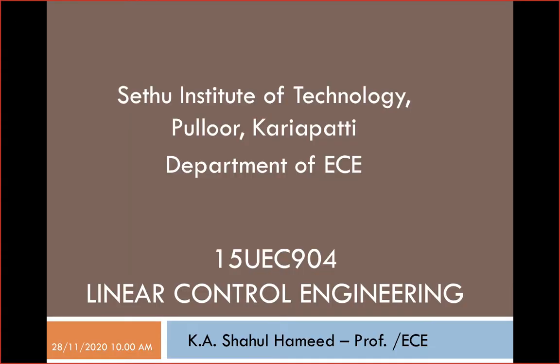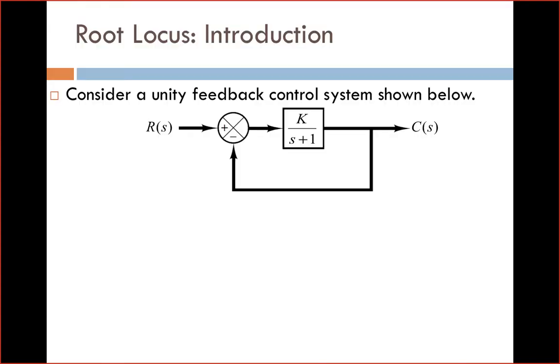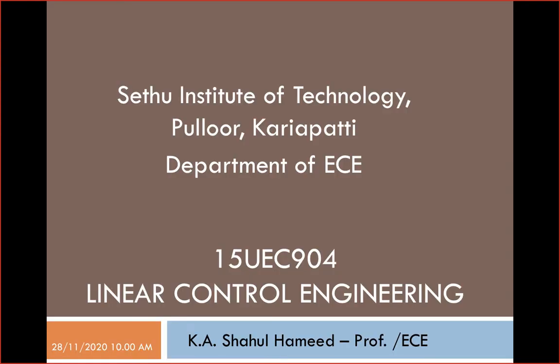So we are discussing fourth unit. Last class, for the past two classes, we have discussed Routh-Hurwitz criterion. That technique is mainly used to check whether the given transfer function or characteristic equation is stable or not.